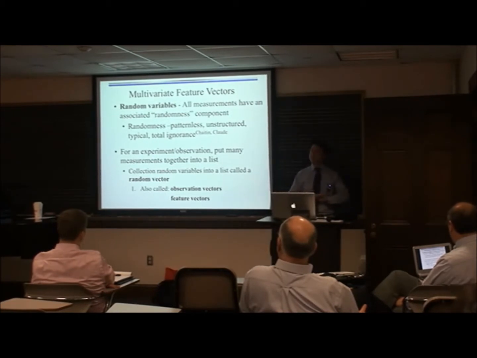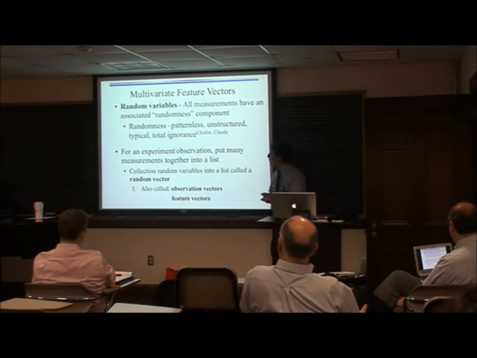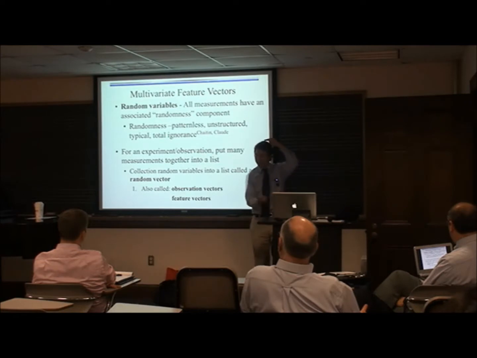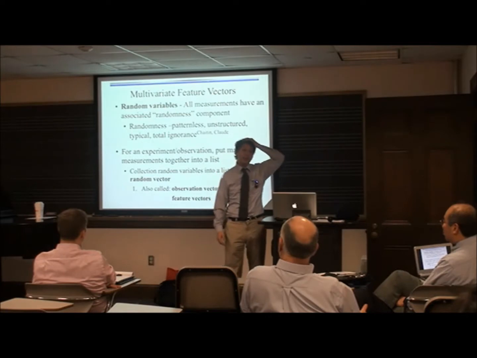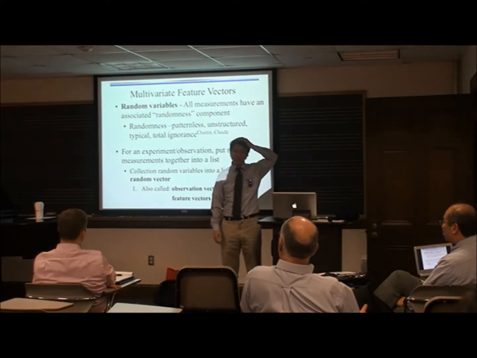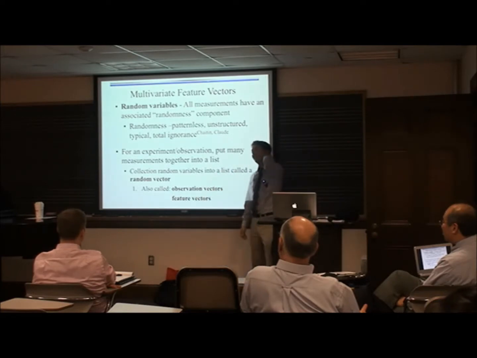And if you take a bunch of these measurements or random variables and you put them together into a list, just in case I wasn't sure if everybody would be familiar with the word vector, if you have a bunch of numbers, you put it into a list, it's a vector. So what we're measuring with surface metrology are random vectors, or lists of random numbers.